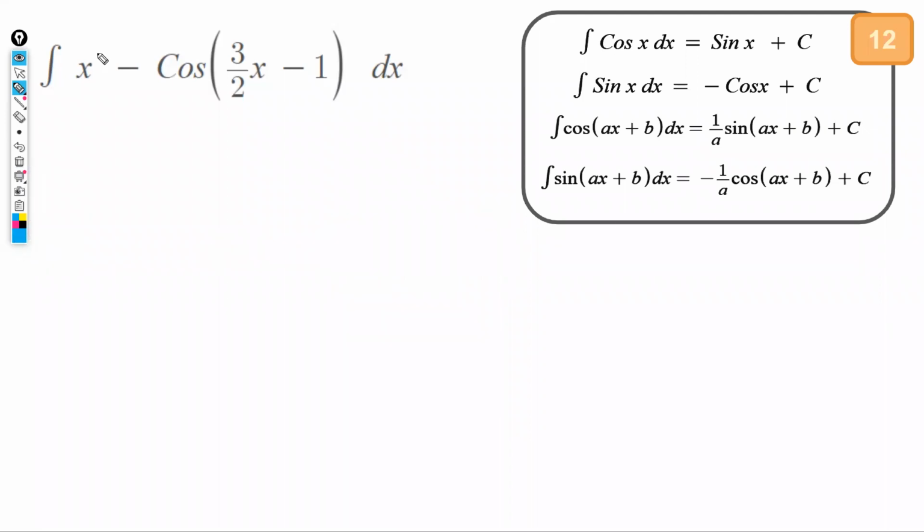Remember we said x is really x to the power 1. So when we integrate this part, we add 1 to the power because we're integrating, and then we divide by the new power. So it's x squared divided by 2, right?